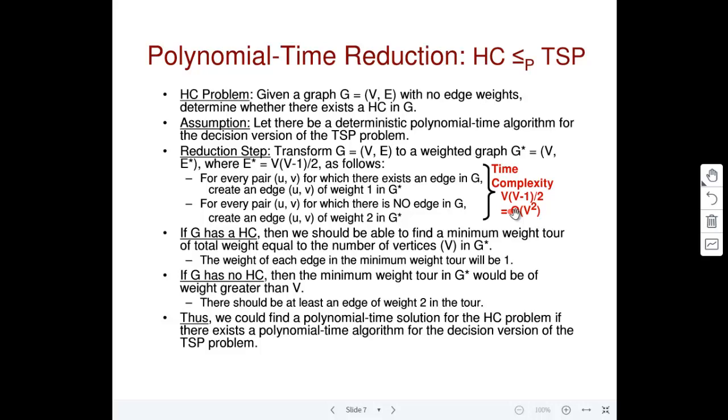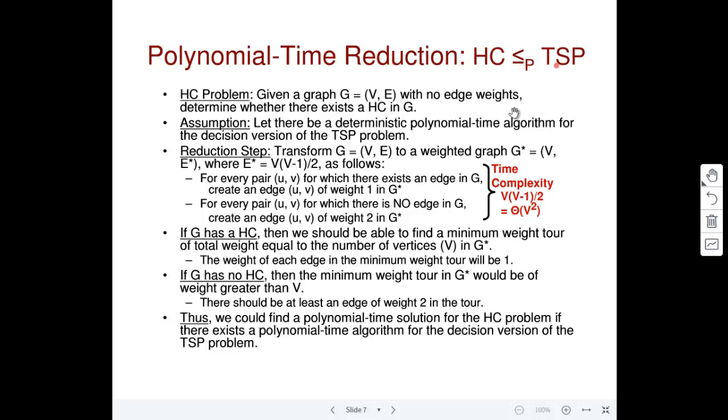That means overall you can obtain the solution for the Hamiltonian circuit problem also in polynomial time. So if you have a polynomial time algorithm for the other problem you are transforming to, you can find the solution for the original problem also in polynomial time. That is the benefit of polynomial time reduction.